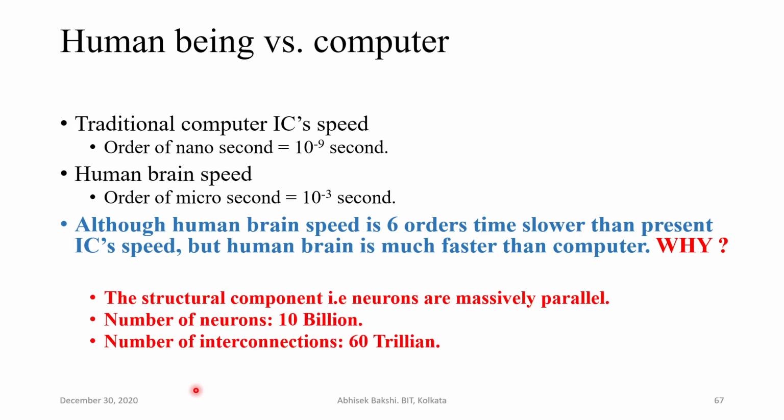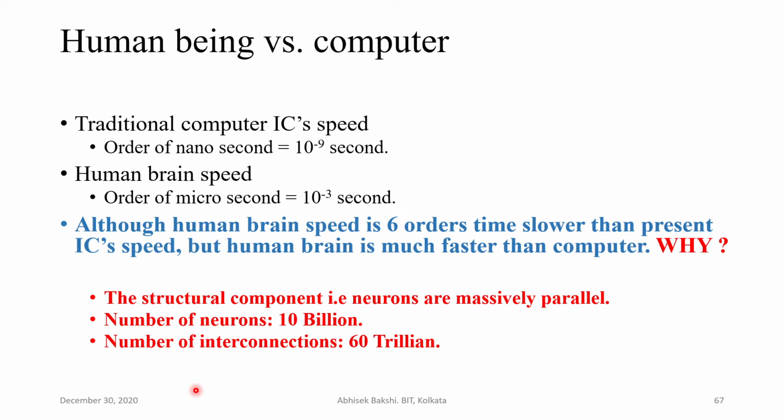The reason is that the structural components that we consider as neurons in our brain are massively parallel. So we actually have a parallel computation for doing the same recognition task.